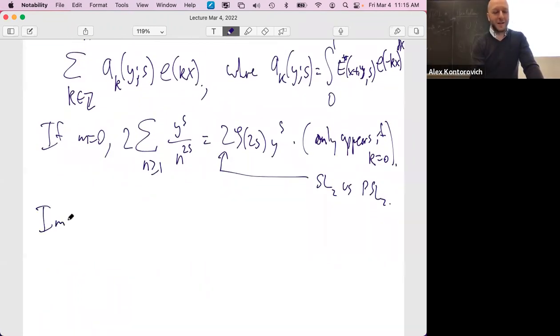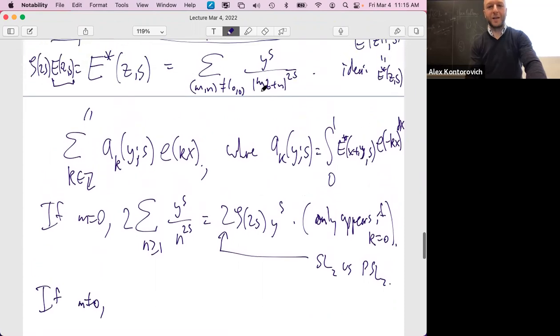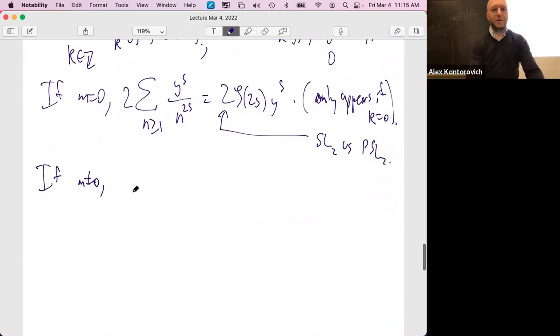If m is not equal to 0, that will contribute all these other things. Then I can sum over n. If I negate both n and m, I get the same contribution, so I get another factor of 2.